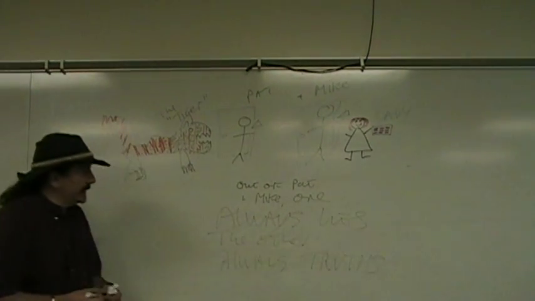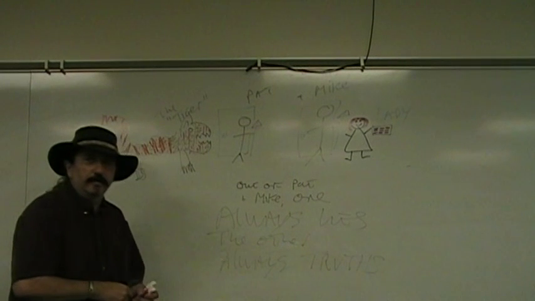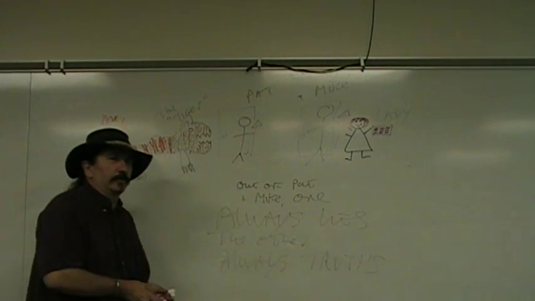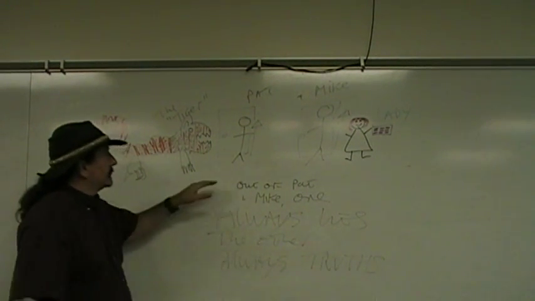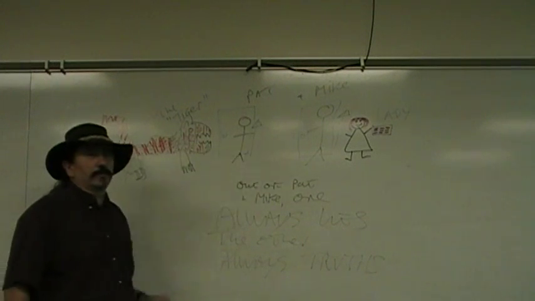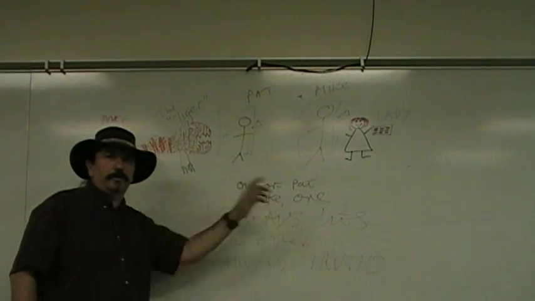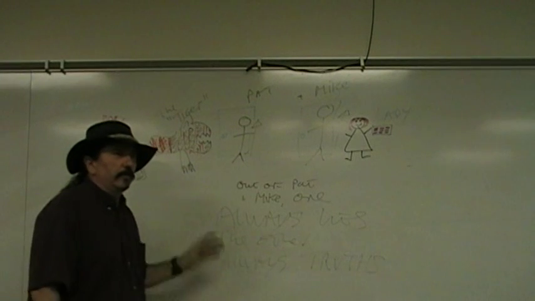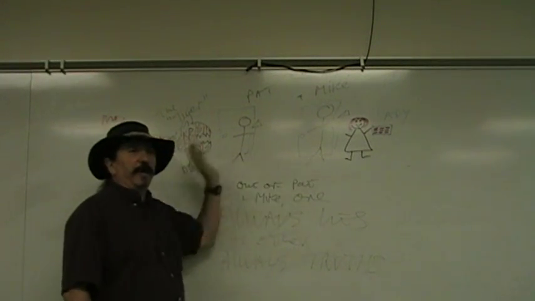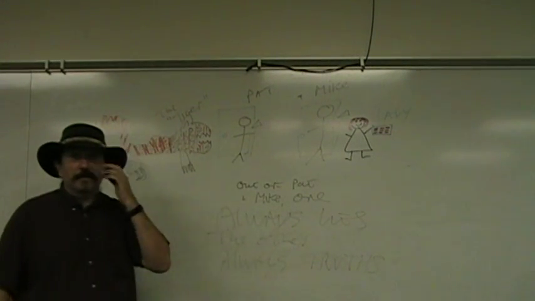One always lies and the other always tells the truth. So one always lies, one always tells the truth. You don't know which door is which, what's behind each door. You don't even know their names. You don't know who's Pat, who's Mike.